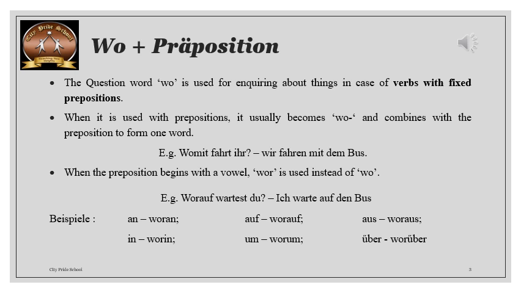Auf, worauf. Um, worum. Aus, woraus. Über, worüber. So always keep in mind, whenever you make questions for verbs with fixed preposition for objects or things, you have to form the question with wo plus preposition, and if that preposition is starting with a vowel, you will put r between wo and the preposition. Now we will see the same with a few more examples.